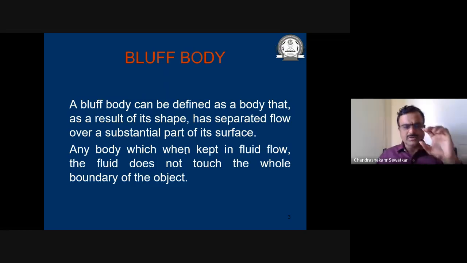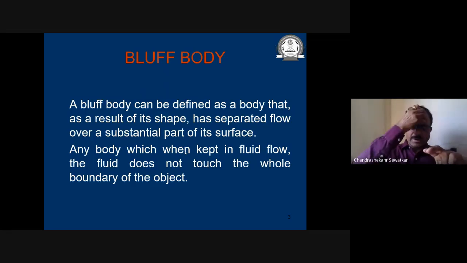So if there is a simple body placed in the flow, and flow occurs over that body with a certain Reynolds number, it's not that the fluid is always in touch with the surface of the body. The fluid gets separated from the surface of the body, and this separation phenomenon is very important, which leads to development of the forces experienced by the body because of flow.